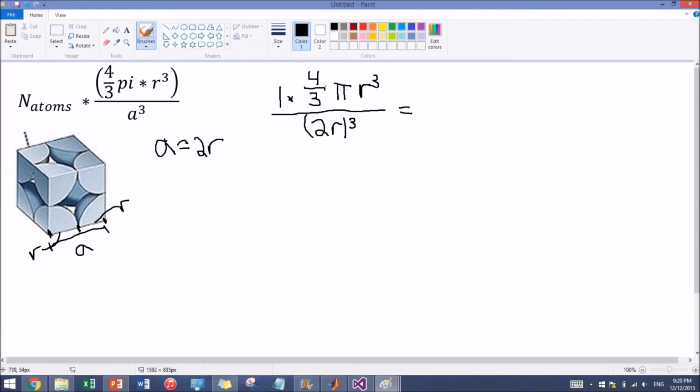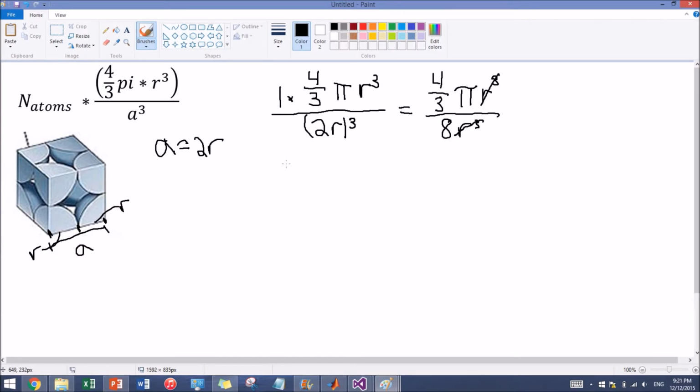So, 1 times 4 is still just 4. So we still have 4 thirds pi r cubed on top. And on the bottom, we have 2 cubed, which is 8, times r cubed. And we immediately see that these r cubes cancel each other out.